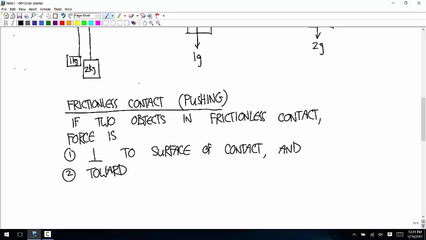So pushing and pulling are opposite that way. Cable force is applied away from the chosen body. Frictionless contact is toward the chosen body.